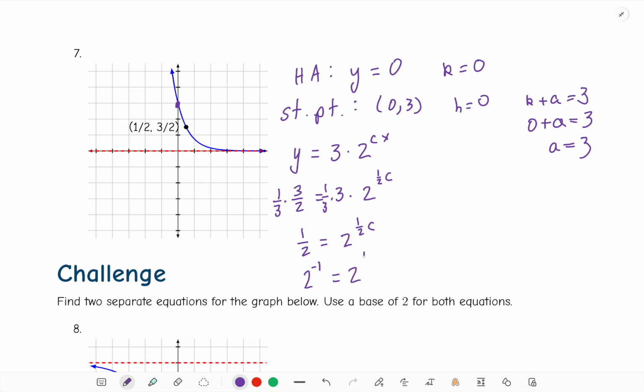So we get 2 to the negative 1 equals 2 to the 1/2 c. Or in other words, 1/2 c has to equal negative 1, so c equals negative 2. So our function is 3 times 2 to the negative 2x. And that's it for question 7.